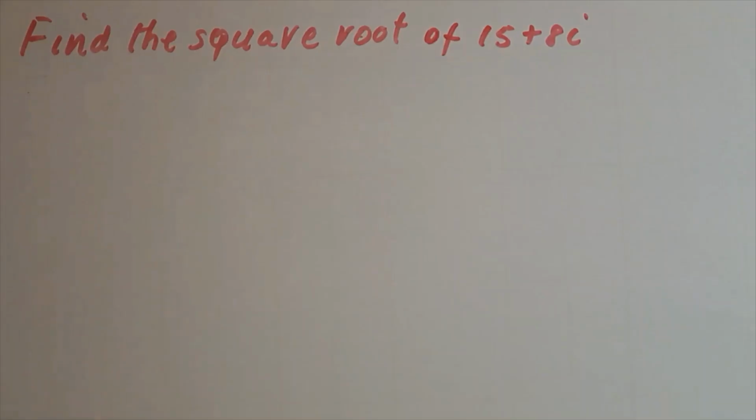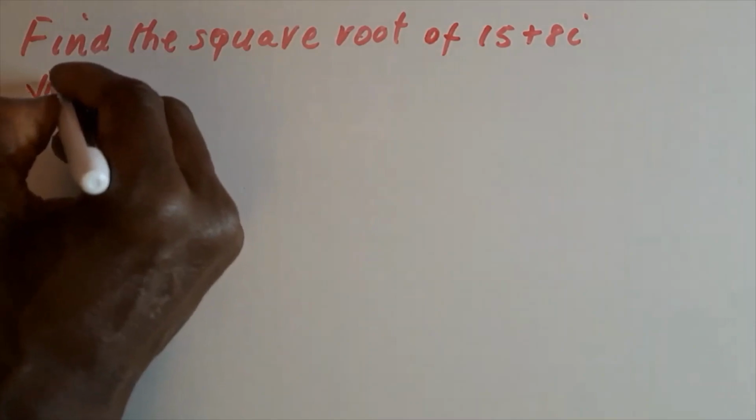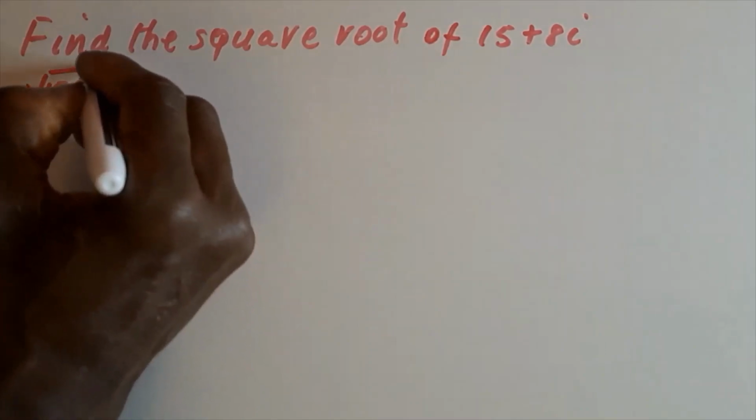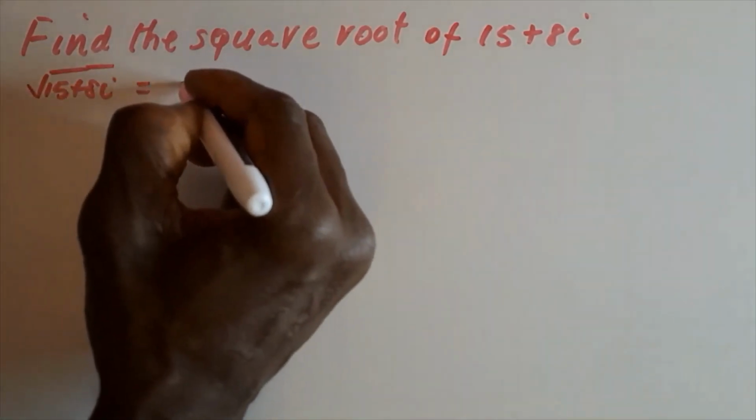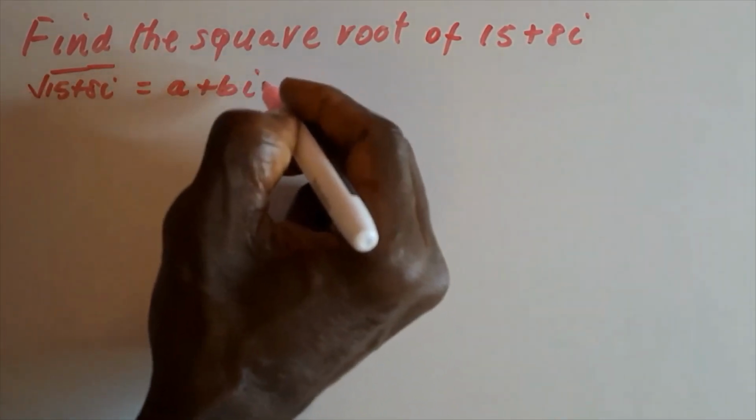Here's another. Find the square root of 15 add 8i. Well, we know that the square root of 15 add 8i is a complex number a add bi.